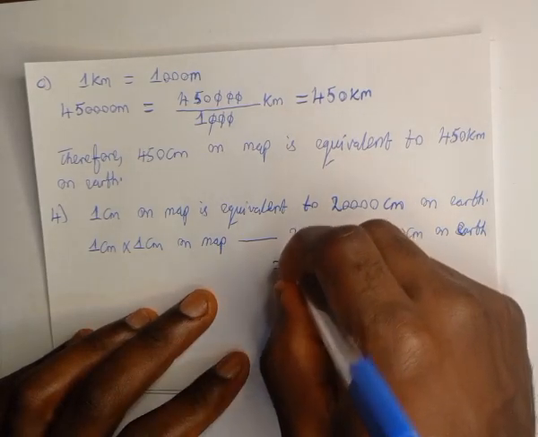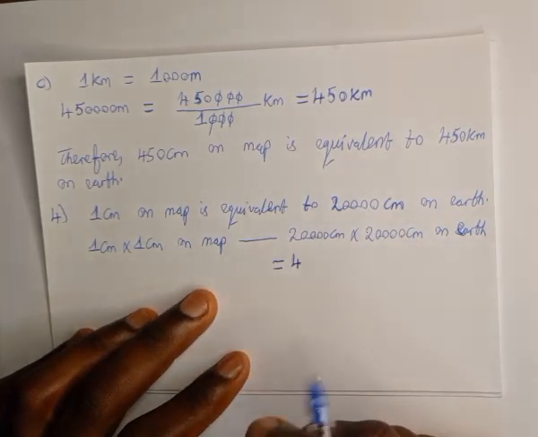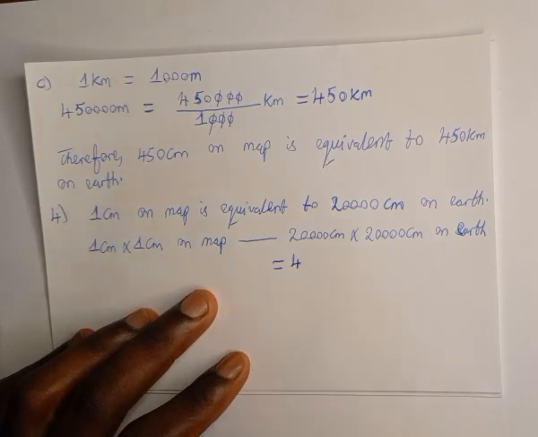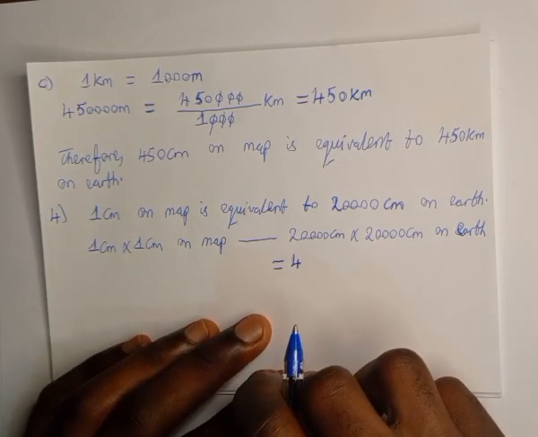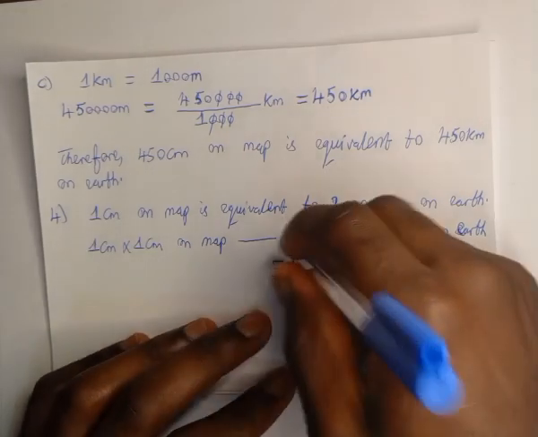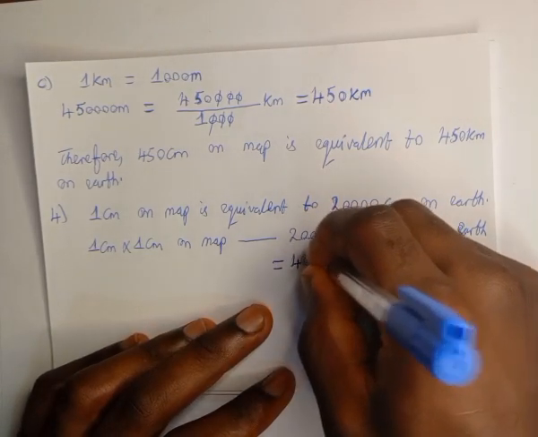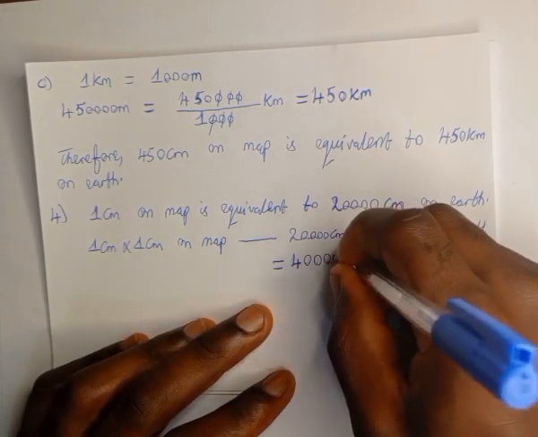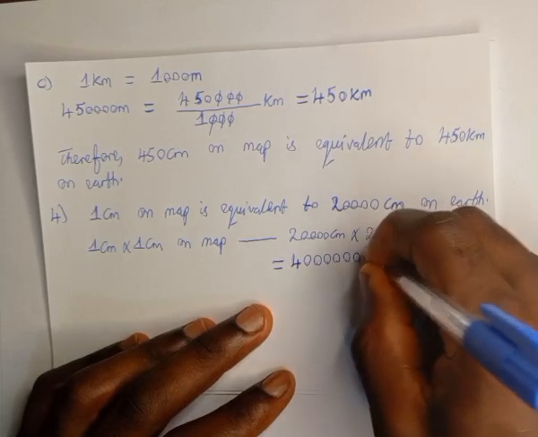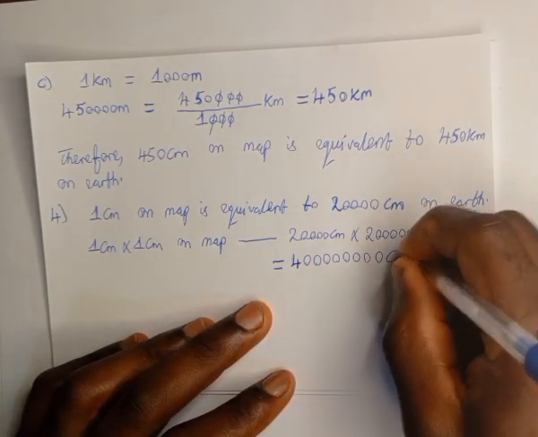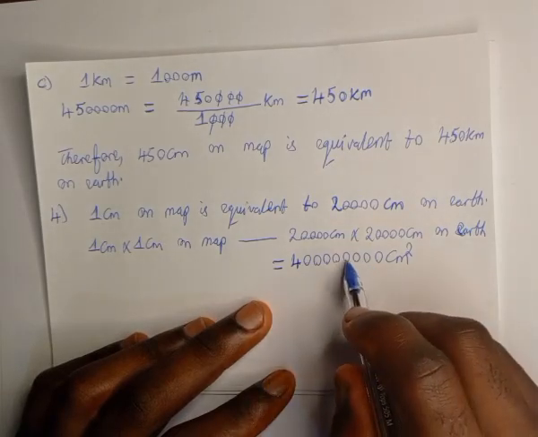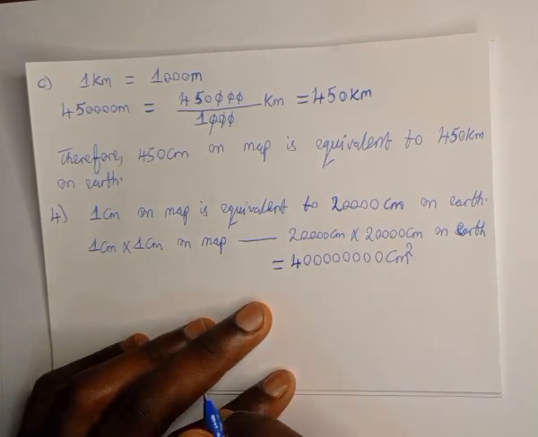This will simply give us 4, then we are going to attach 8 zeros, which is simply equal to 400 million. Centimeters times centimeters gives us centimeters squared, so 400 million centimeters squared.